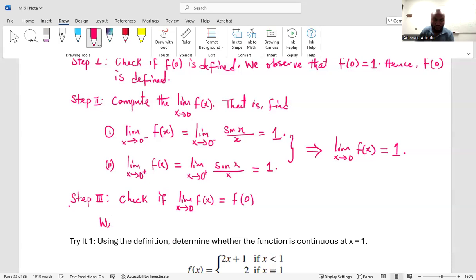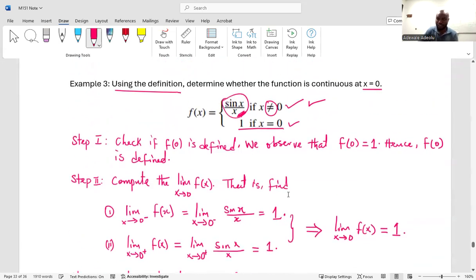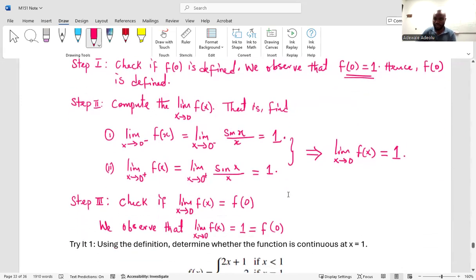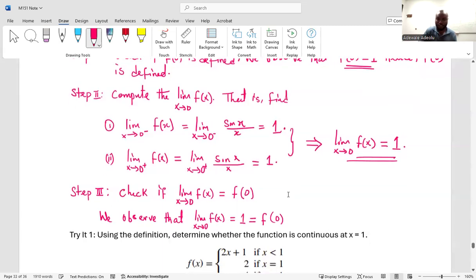We observe that the limit as x goes to 0 of f of x equals 1, and it is the same as f evaluated at 0, right? Remember, here, it is 1. And this guy is 1. They're the same.